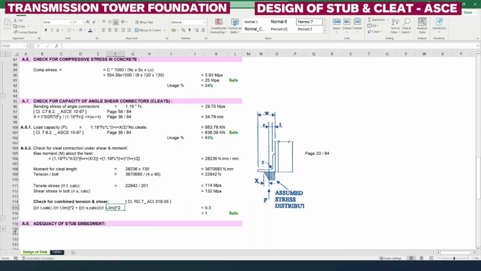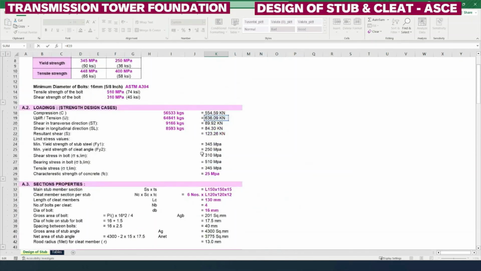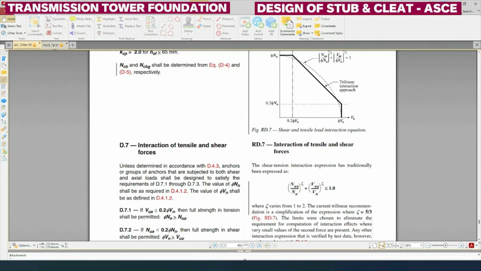Next and the final step for the design of a stub and cleat is the adequacy of the stub embedment. In this we are going to calculate the embedment length required for the stub for the uplift force. So we know that the maximum uplift force from the structure is 636.09 kilonewton. The pull out stress of concrete we need to calculate from ASCE 10-97 clause 7.5.2.